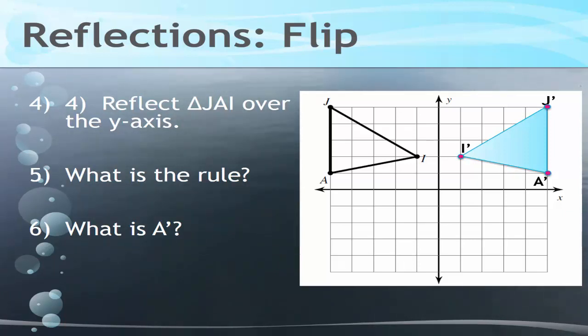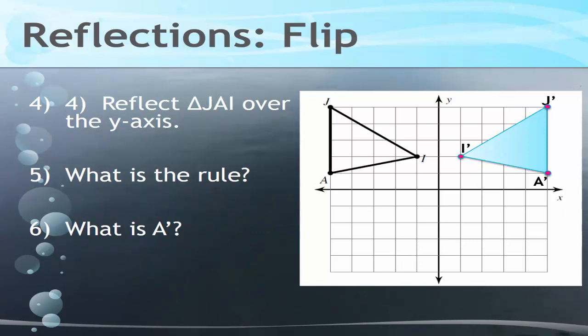Now we reflected over the y-axis, so we want to recall the rule. The rule would be x comma y becomes the opposite of x comma y. And we can see from our image, our point I had the ordered pair -1, 2.